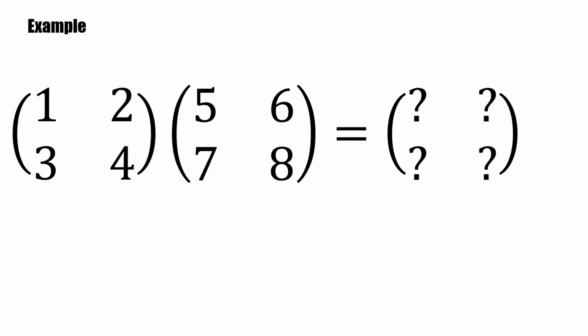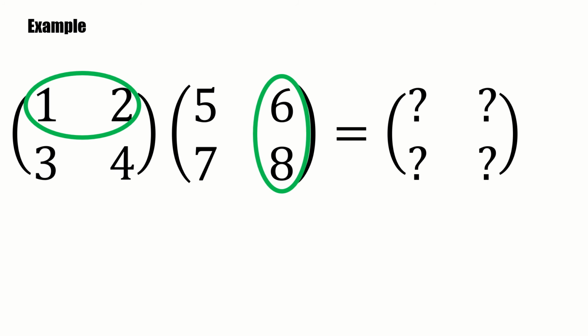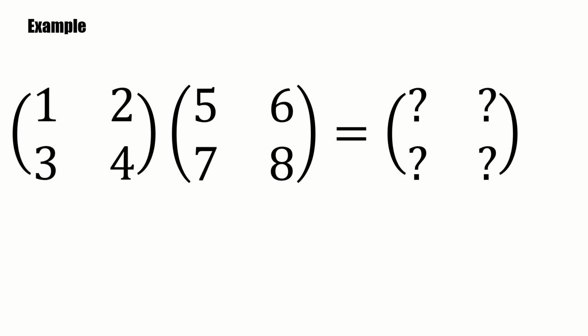But how does that work? Let me show you an example. If you pick the first row and the second column in those two respective matrices, that means in the answer you will be looking for the number that's in both the first row and the second column, which would be the number in the top right-hand corner.